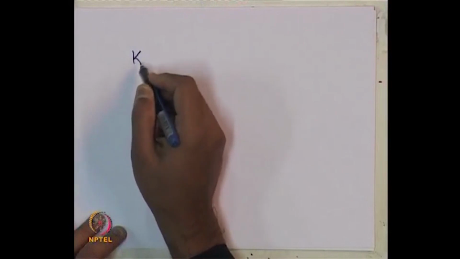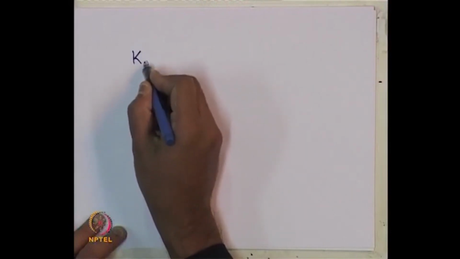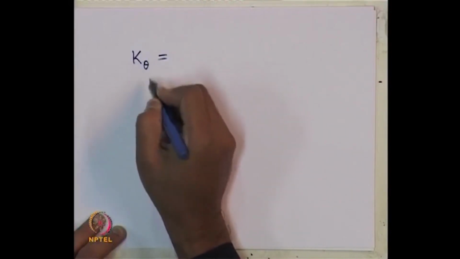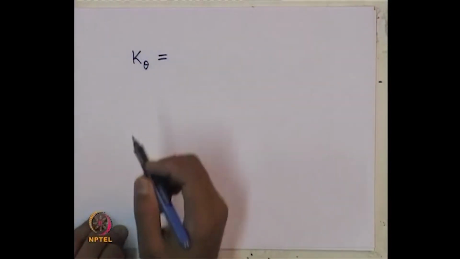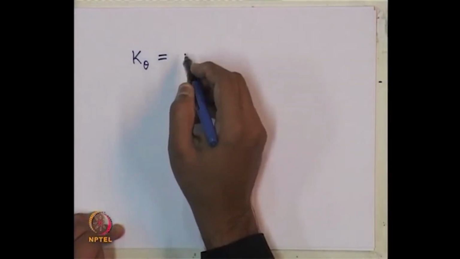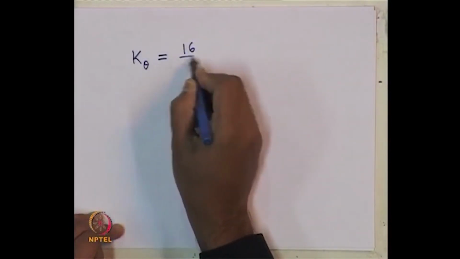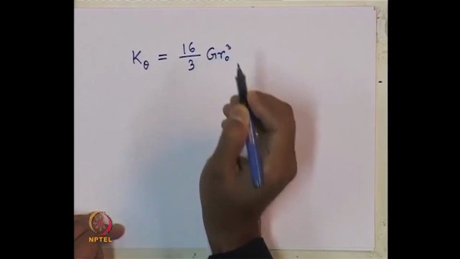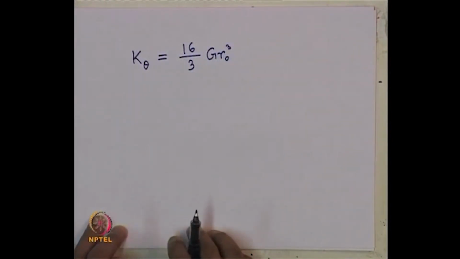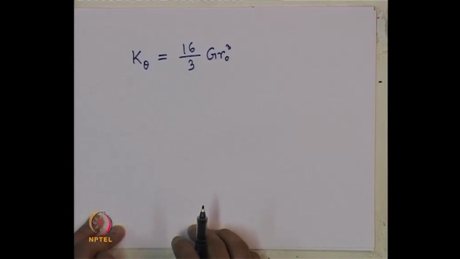For the torsional mode case, what is the expression for k? As the symbol, let us use k theta. For torsional or yawing, we are now using theta. K theta is calculated using this expression, 16 by 3 G R naught cube. So, from theory of elasticity, once again this expression is given in Timoshenko and Goodier.